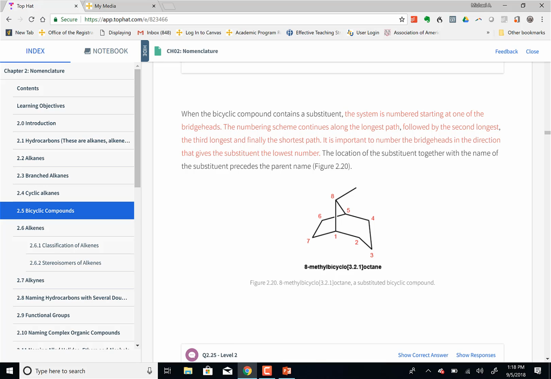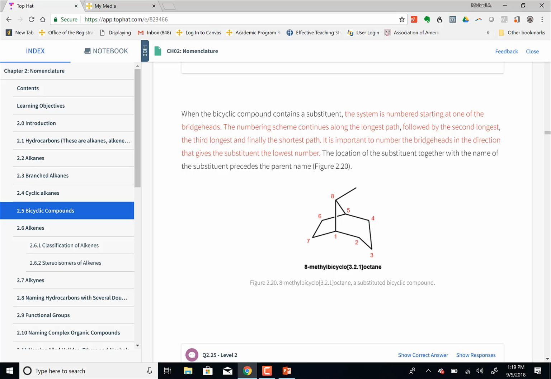Start at the bridgehead. And then we start on the side that has the most carbons. So that's where 2, 3, 4, and then you get to the other bridgehead, which is the 5. Then we go 6 and 7 to the 2 carbons, and then 8 is the last one on top with the 1.